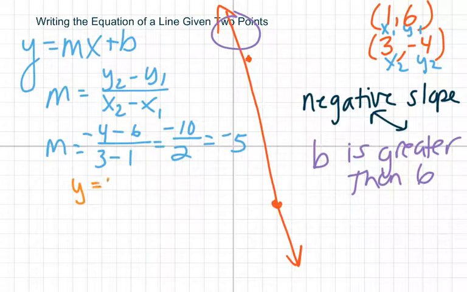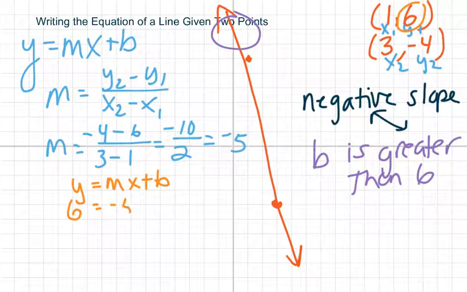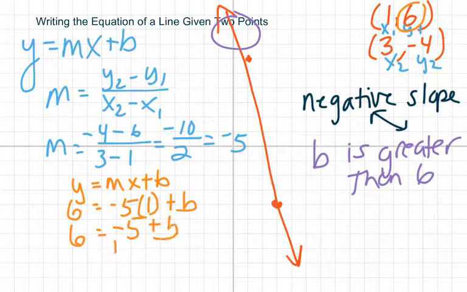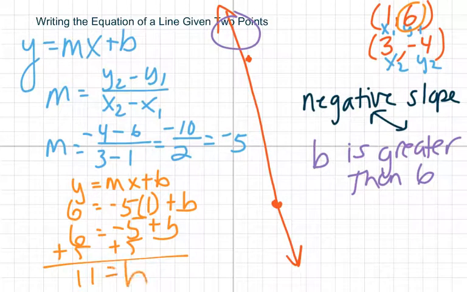So we have y equals mx plus b. I'm going to use 6 for my y. -5 is my slope. And I'm going to use 1 for my x. And then -5 times 1 is -5. Add 5 to both sides, and I get 11 is equal to b.